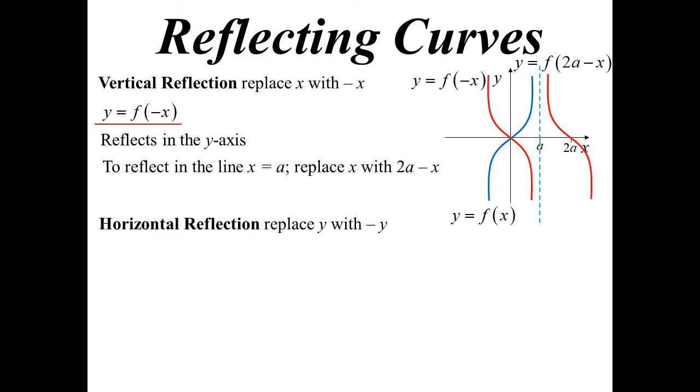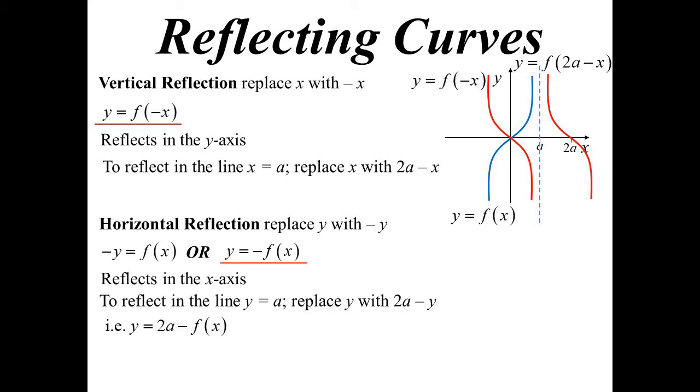Okay, horizontal reflection, same idea, but now it's the y values we're concerned with. So we'll replace y with negative y. So negative y equals f(x), although we normally see it as y equals negative f(x). But we'll keep it with the y to highlight that's what we're affecting, the y values. That will reflect in the x-axis.